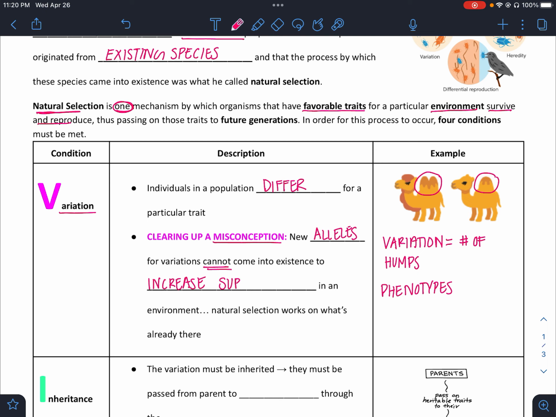The variations we're looking at are variations that already exist. Before natural selection happens, before the environment is changing, the variation is already there, okay?